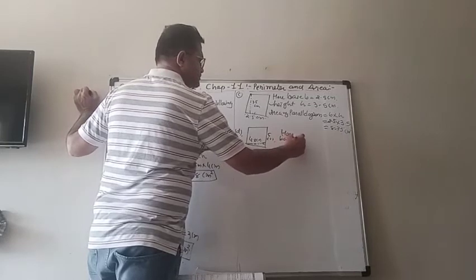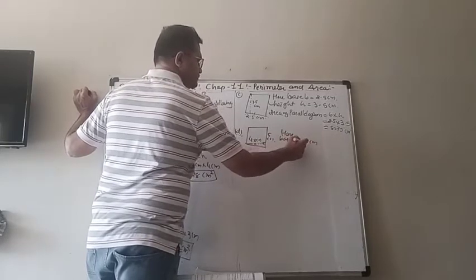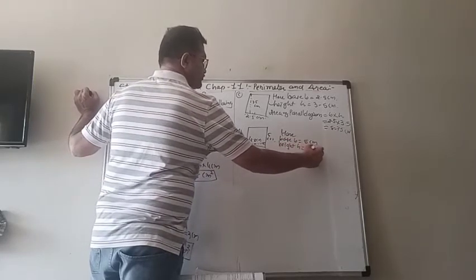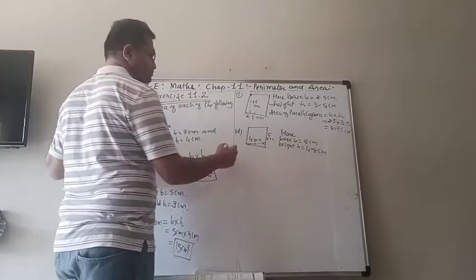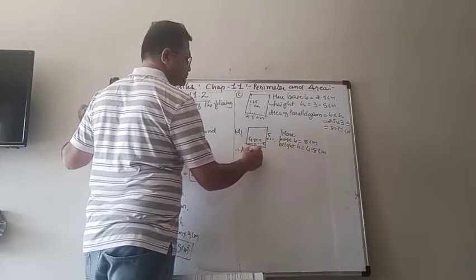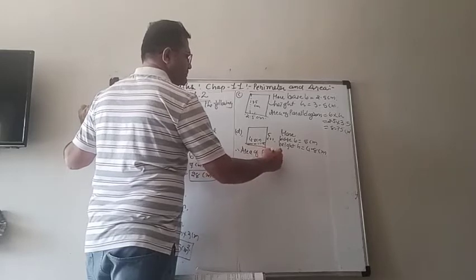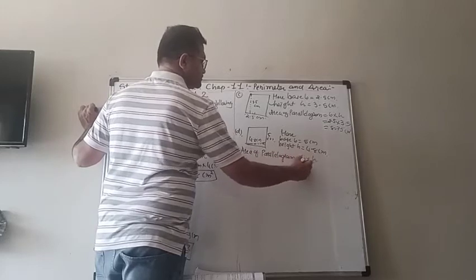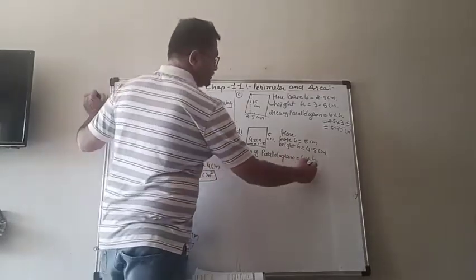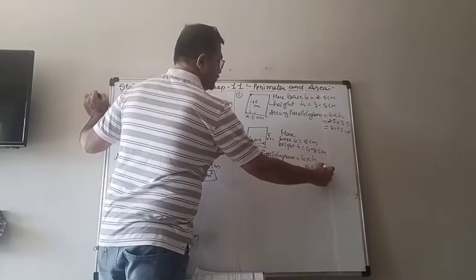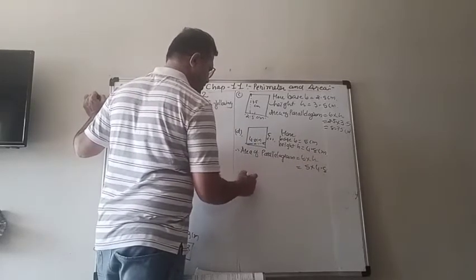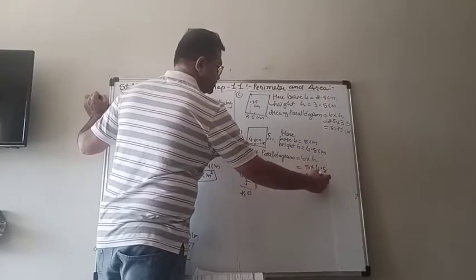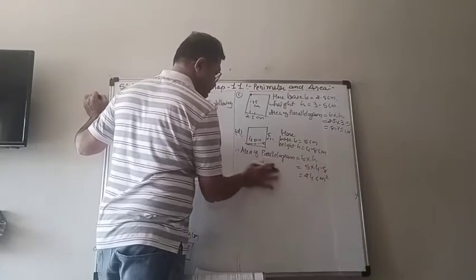So base B is 5 centimeter and height H is 4.8 centimeter. So area of parallelogram is B into H, that is 5 multiplied by 4.8. 48 multiplied by 5, 8 5s are 40. So 240, so 24.0 means 24 centimeter square.